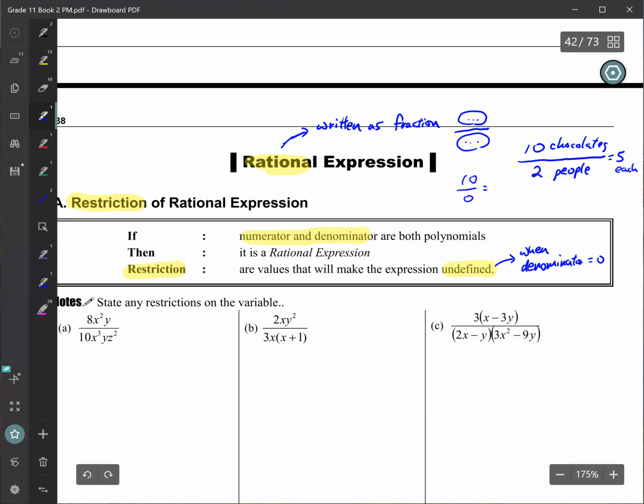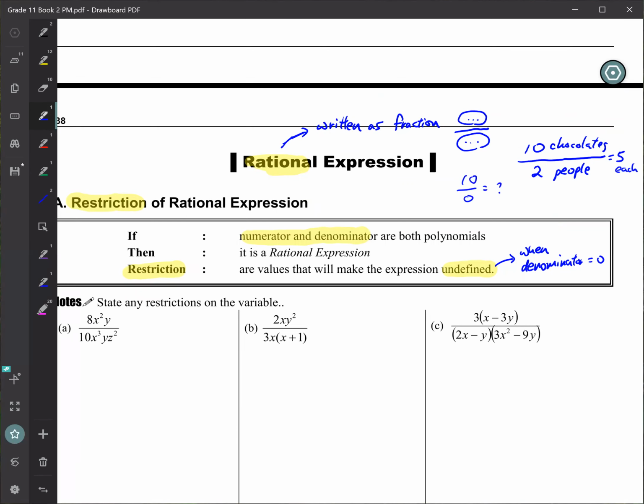and you want to get an answer, then it's impossible. It's like saying, I have 10 chocolates, I want to share with no one, and how many does each one get? The answer means how many each one gets, but there's no one there. So your answer and your question contradict each other.